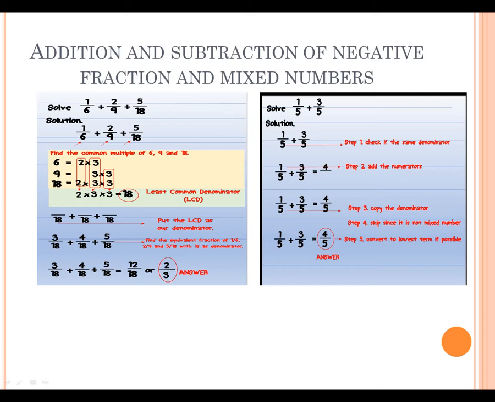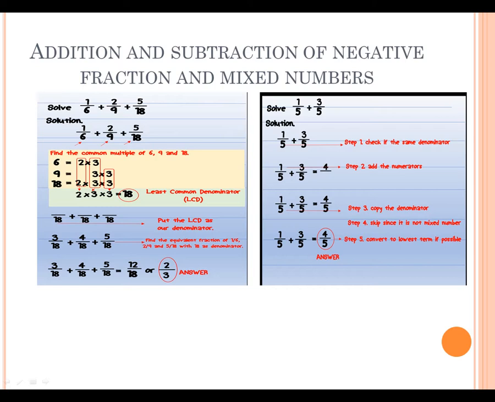So 18 is the LCM, so we will make the same denominator: we will multiply and divide 6 by 3, and here the denominator is 9, so we will multiply and divide this by 2. So here we have 3/18 plus 4/18 plus 5/18.